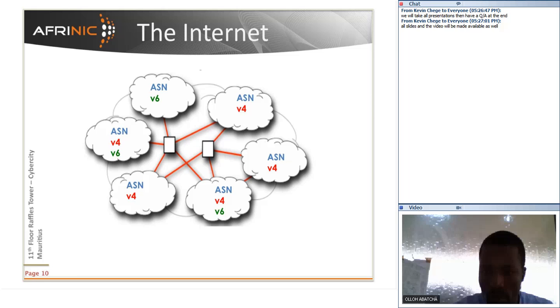It can communicate with the IPv4 and IPv6 ASN. The IPv4 can communicate with either IPv4 or the IPv4 and v6 networks. But the v6-only and the v4-only cannot communicate with each other. And that is why the need for transition mechanisms to address that coexistence period that we are actually living in now emerged.